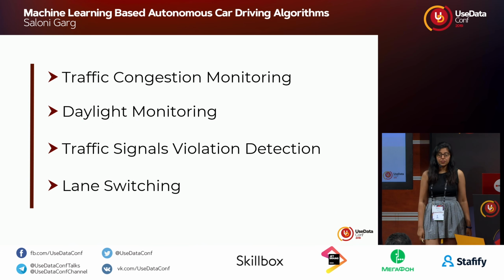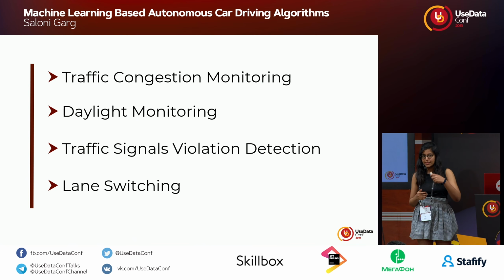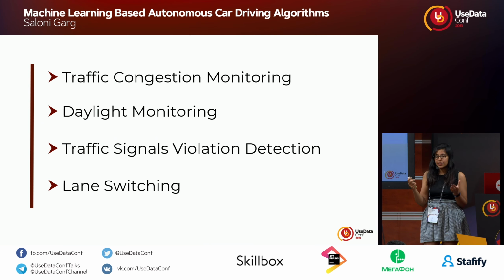The next one is daylight monitoring. By daylight monitoring, I basically mean that we are checking whether it is day or evening, whether the vehicle is passing through a shady tunnel, or through an area with very high light or low light. And why are we doing this?